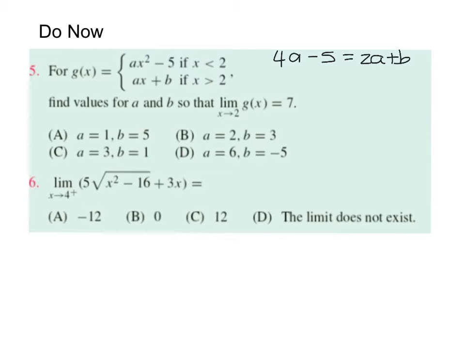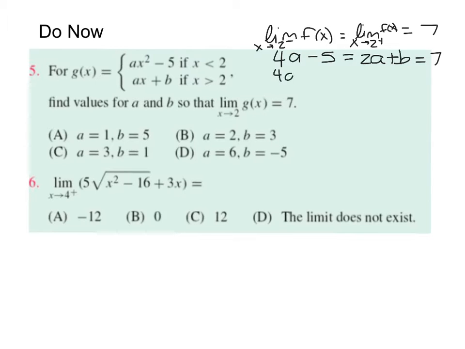But we also know all of that has to equal 7, because the limit from the left has to equal the limit from the right, which then equals 7.